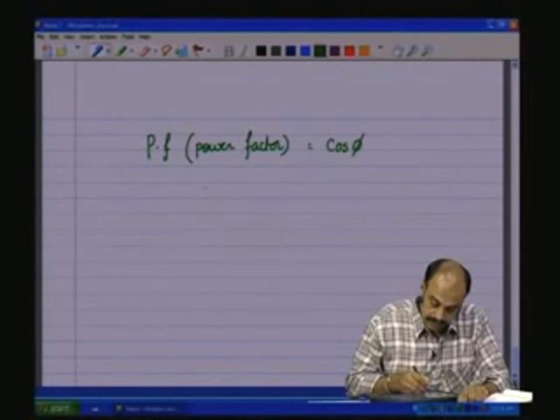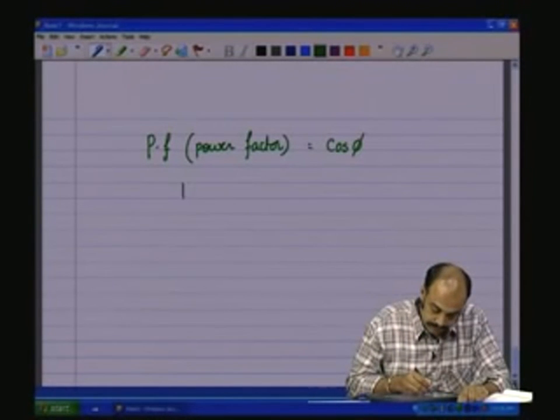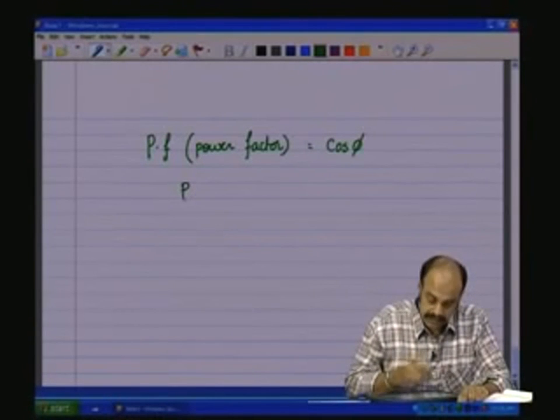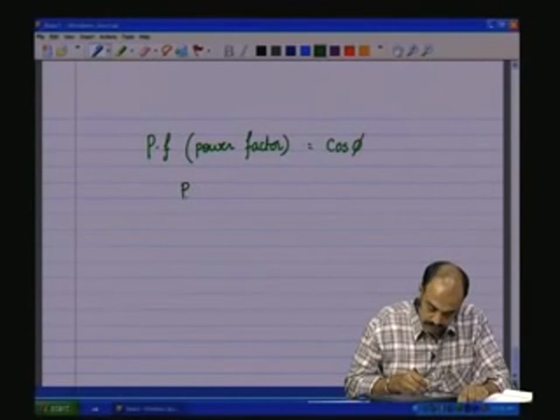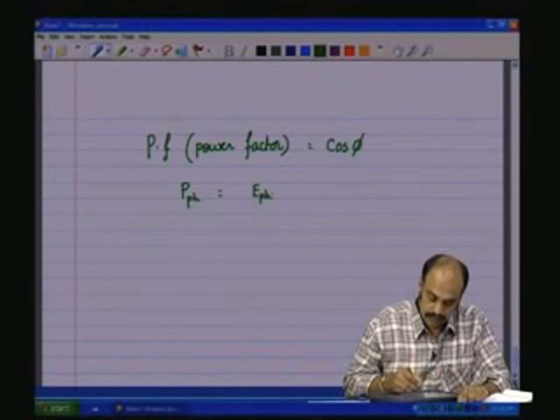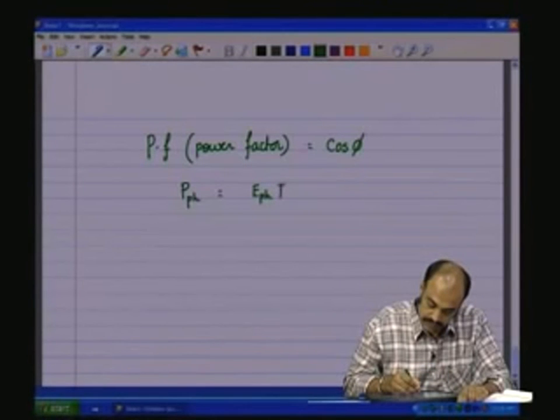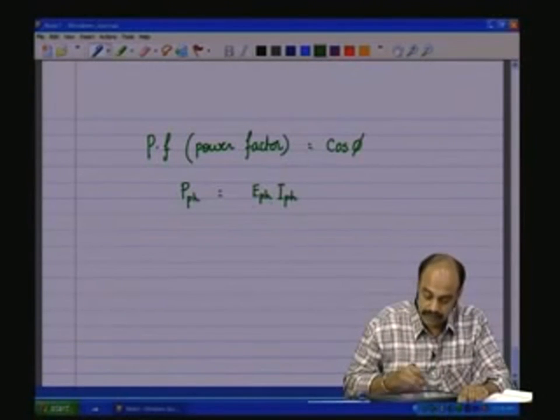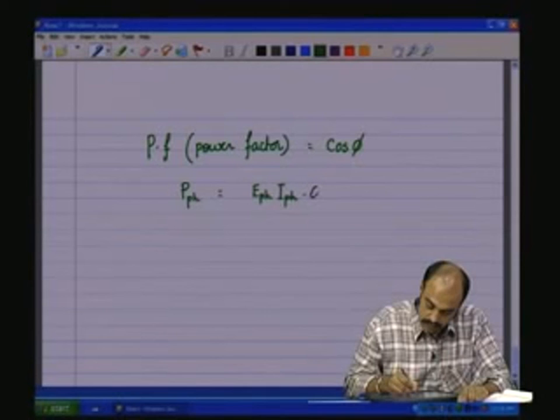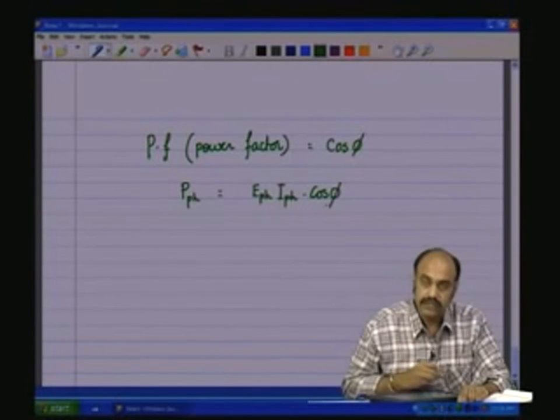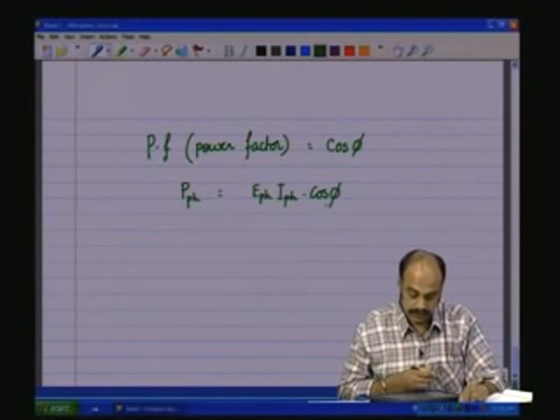So, the active power in each phase, that is per phase, will be E phase RMS value into I phase RMS value, of course, these are the effective values, into cos of phi, as we had discussed earlier in a single phase circuit.